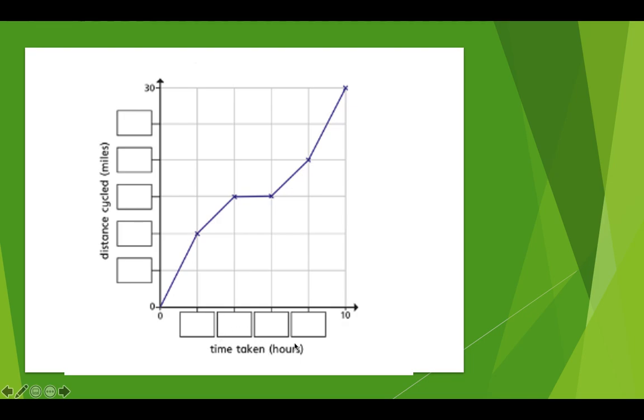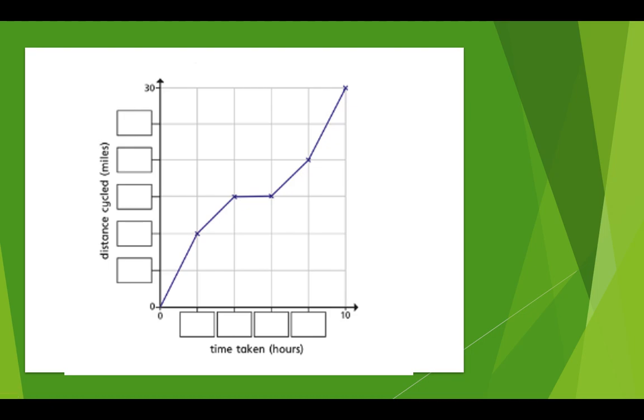The same thing along the bottom. So the time taken in hours, we know this is 0 hours and we know this is 10 hours. So is this going to be 1, 2, 3, 4? No, can't be. Is it going to be 2 hours, 4, 6, 8, 10? Yes, it is. We're counting in twos. So each distance between the lines is worth 2 hours.